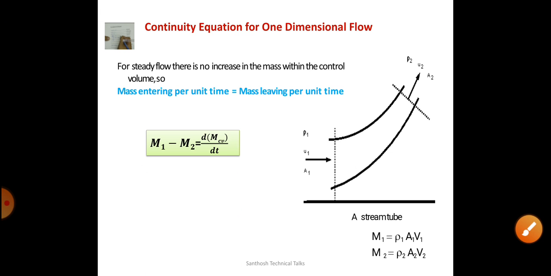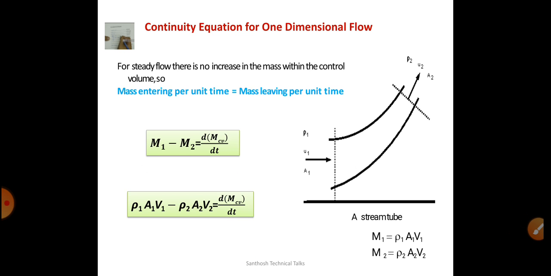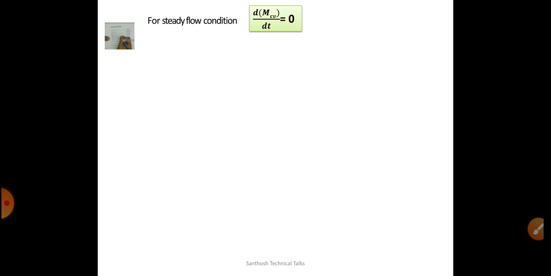Therefore, the difference in mass, dm/dt, the change with respect to time, is equal to m1 minus m2. Here m is nothing but rho a v. So with section 1 and section 2, we have rho 1 a1 v1 minus rho 2 a2 v2 equal to dm/dt.